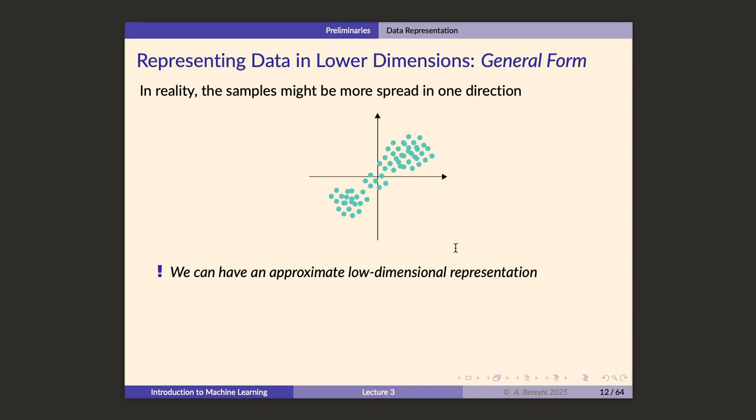Then I take this point as an approximation of this point, right? If I want to get back to the green point, I cannot exactly do that, but I can get to its projection on the line, which could be very close to the original one, right? This is where I have a bit of loss, but depending on the application, that might be acceptable.